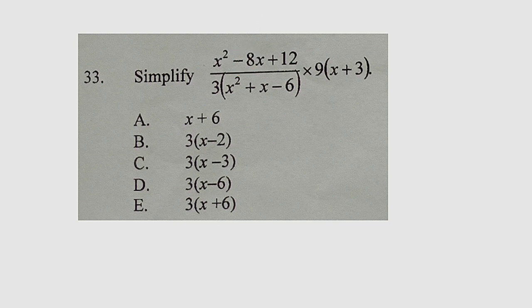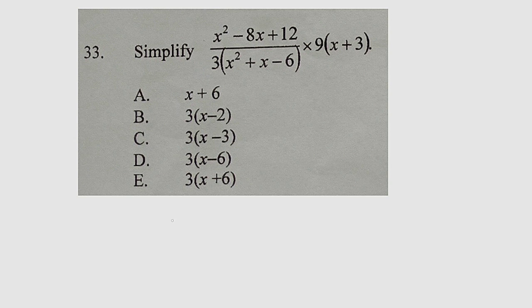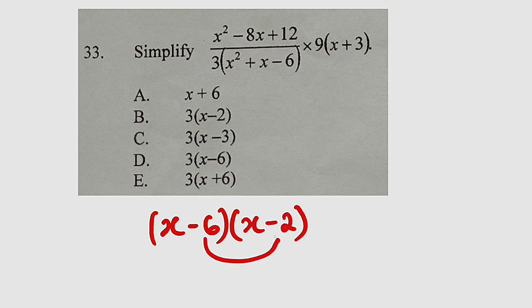And the numbers are negative 6 and negative 2. So we can factorize it as x minus 6, x minus 2, because this time this is positive 12 and this plus this is negative 8.